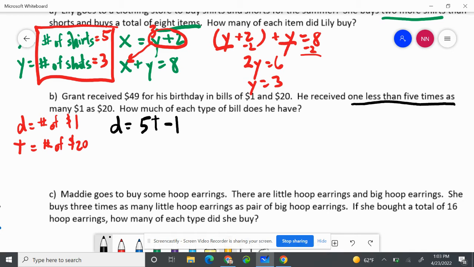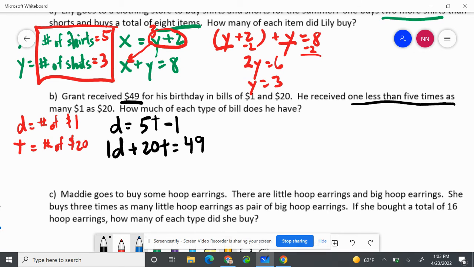Our second equation is that he has $49. A $1 bill is worth $1 and a $20 bill is worth $20, and that's a total of $49.